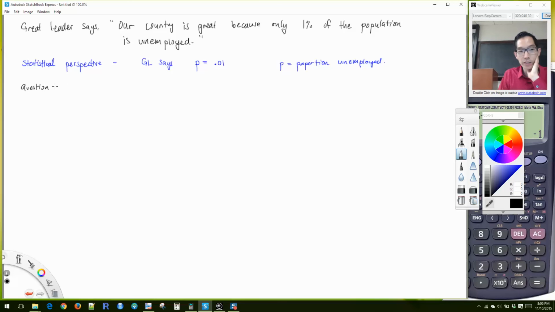Do we have evidence that the proportion of unemployed is actually higher than 1%?